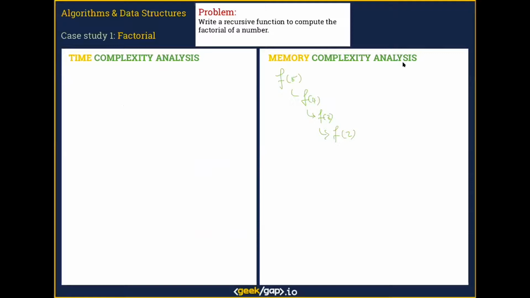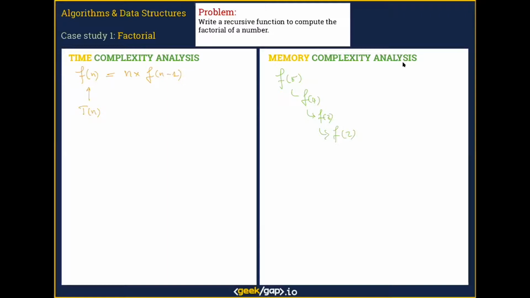So we have the factorial of n defined as n times factorial of n minus 1. That's the definition, right? We want to know the time it takes to compute this.